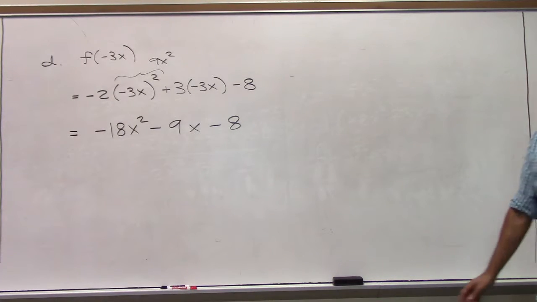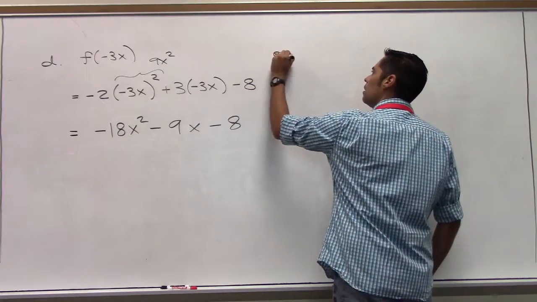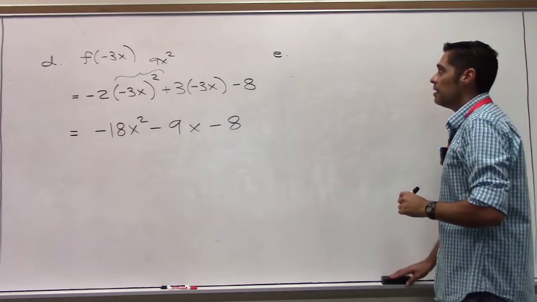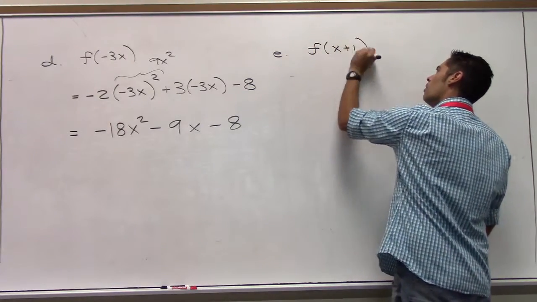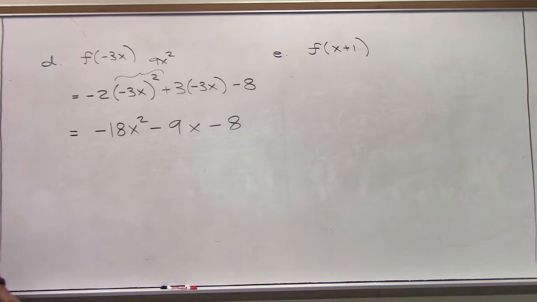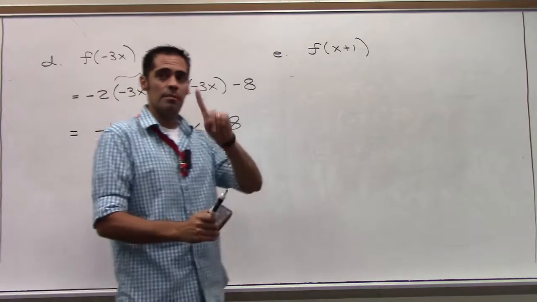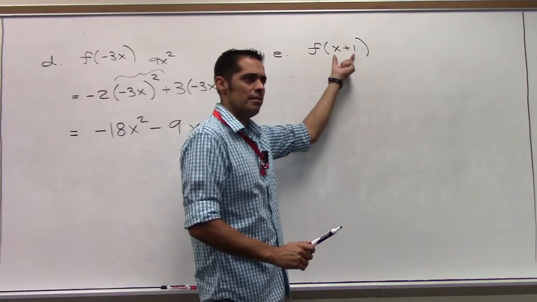All right, now the next two are the ones that are more useful and going to be necessary. Can anybody just explain to me what the difference is between this and what we've done so far? I mean, we plugged in negative 2, we plugged in negative x. There's a plus sign, which means we're not plugging in a single number, or a single value. We're plugging in actually a sum of two things, right?